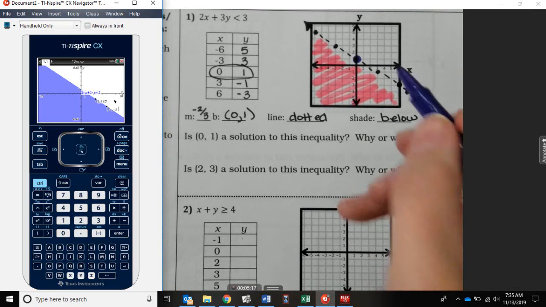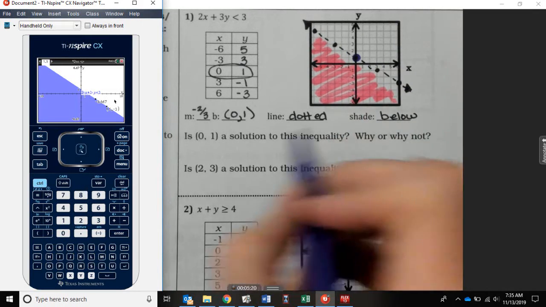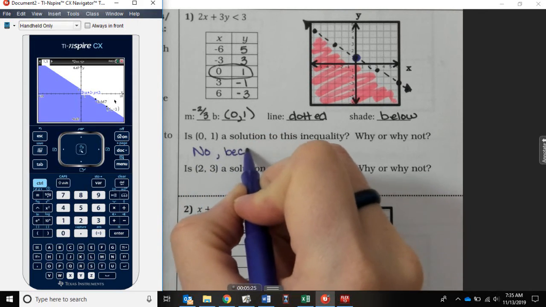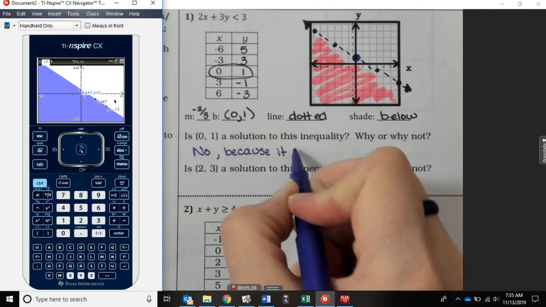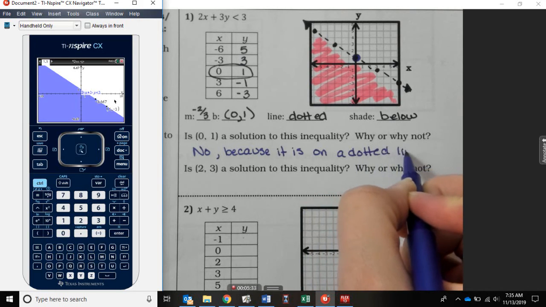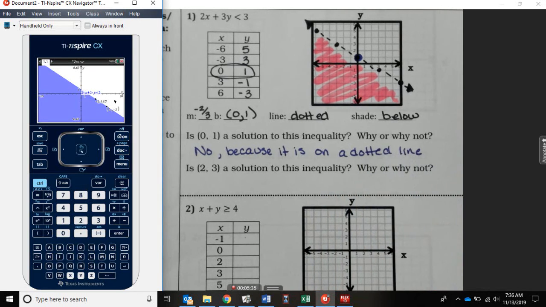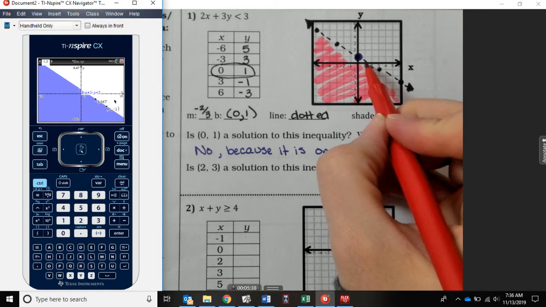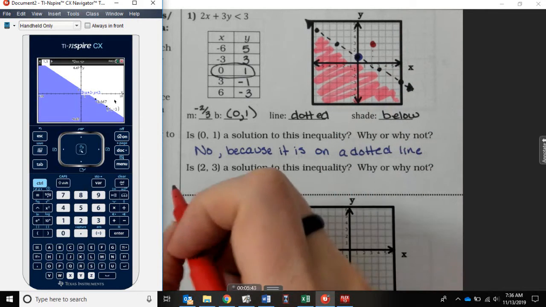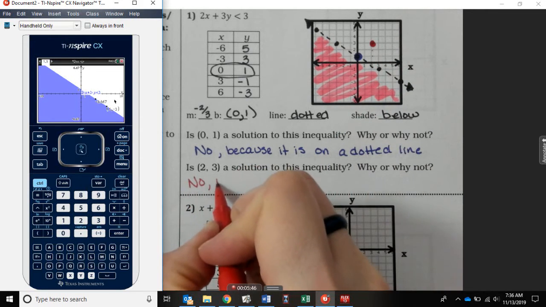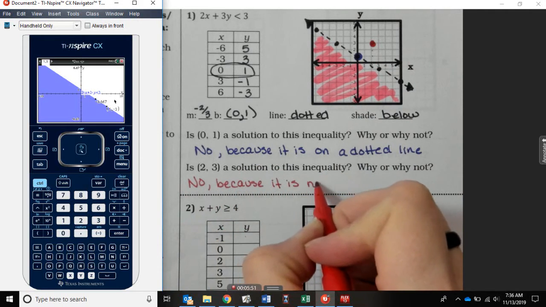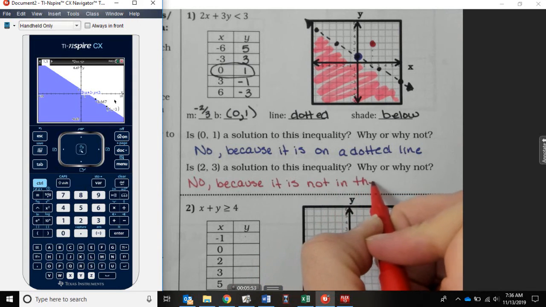So here, this is on a dotted line. So my answer is no, that is not a solution because it is on a dotted line. Okay. What about 2, 3? So if I plot 2, 3, that's right here. And that answer would also be no because it is not in the shaded area.